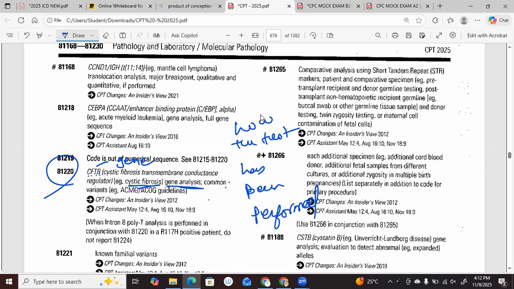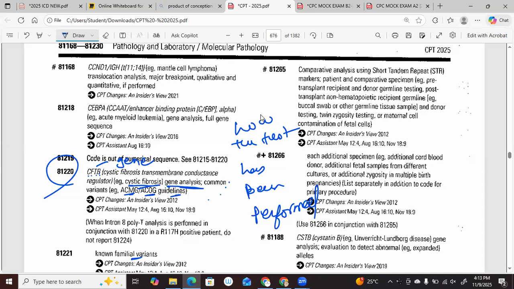And then we have the common variant, or the different variants like familial variants, based on the ACMG or ACOG. ACMG means American College of Medical Genetics and Genomics, and ACOG means American Congress of Obstetricians and Gynecologists. So ACMG and ACOG will represent the type of genetics and genomics variant.